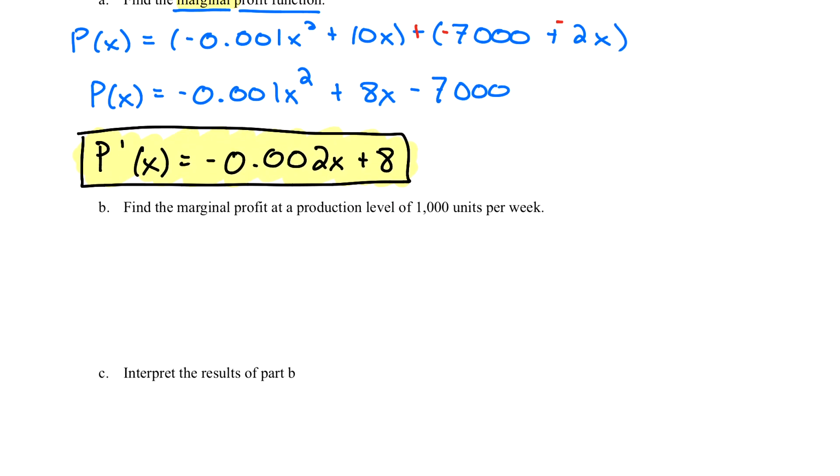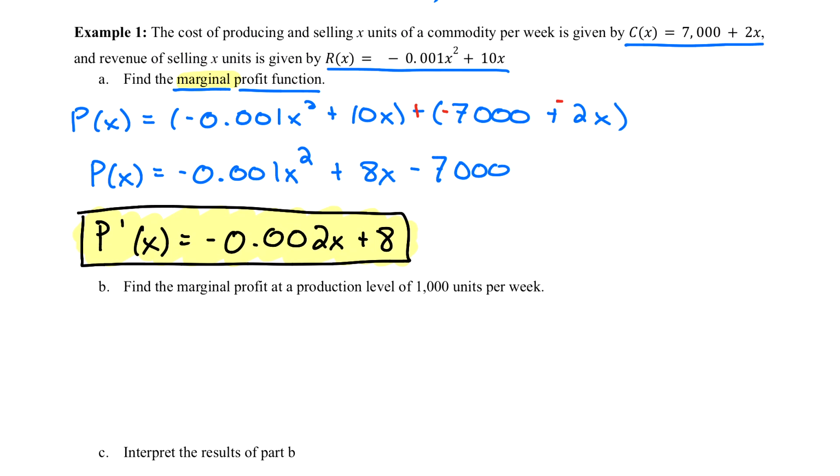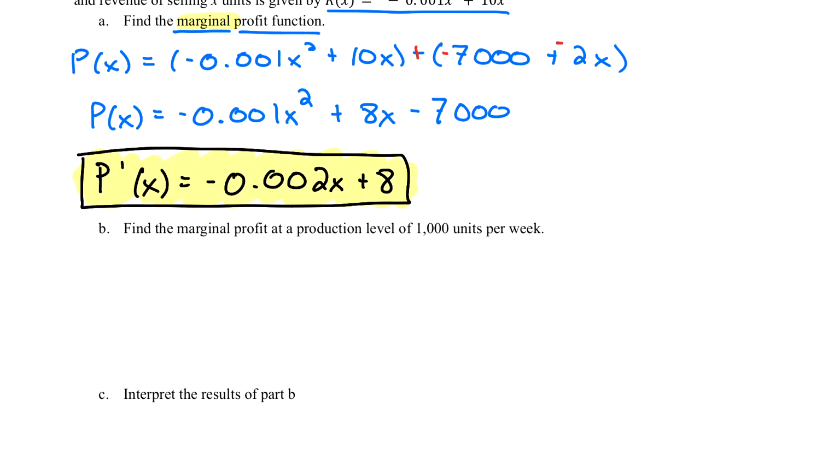So in part B, I want to find the marginal profit at a production level of 1,000 units per week. So remember, X, if I go back up, X is the number of units of a commodity per week. So here, this 1,000, that's my X value.